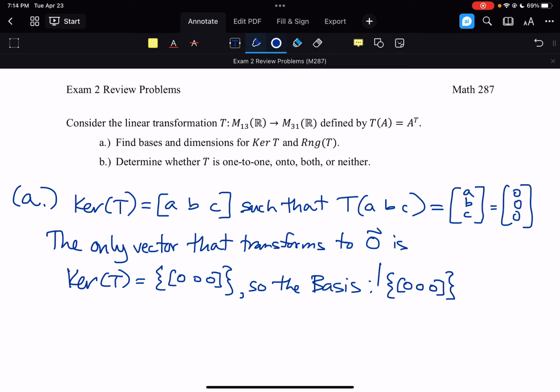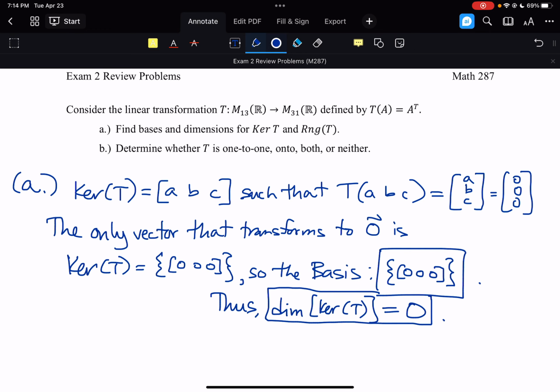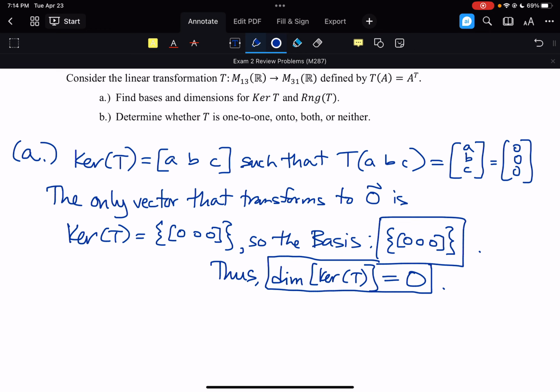So this is the basis. And then thus the dimension of the kernel of T, because the kernel of T only contains the 0 vector, we say that its dimension is 0. So that's our kernel.